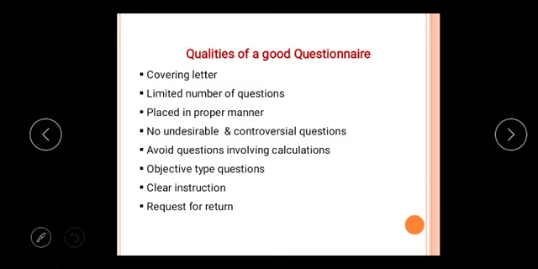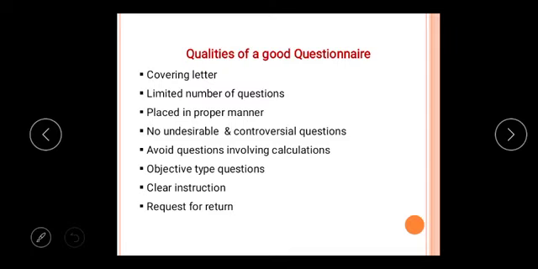Another important quality of a good questionnaire is the limited number of questions. Students, the number of questions in the questionnaire should not be very large. Unnecessary details should be avoided and only relevant questions should be framed. So the number of questions should be limited and relevant to the nature of inquiry.